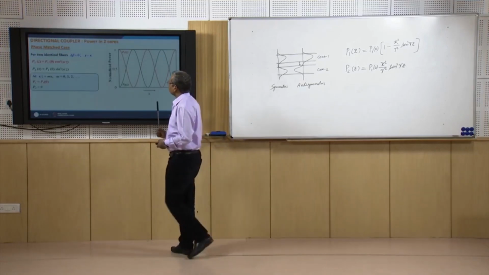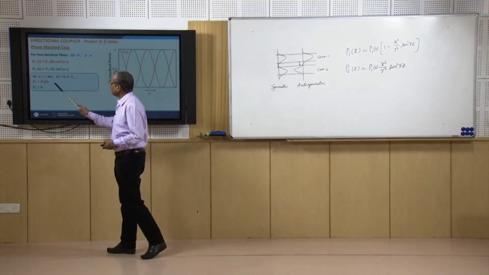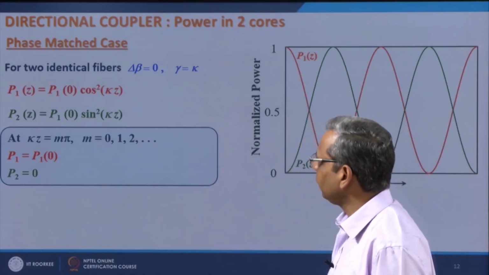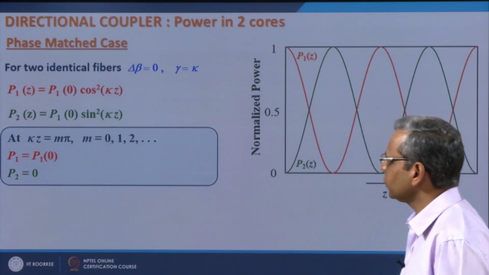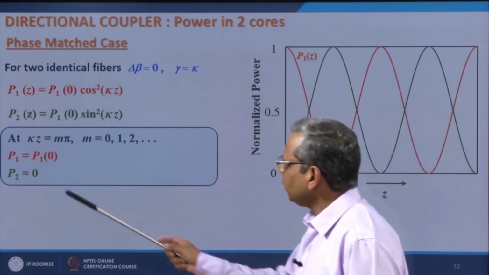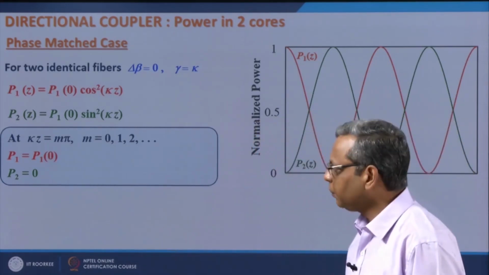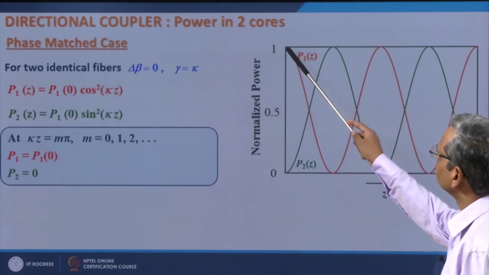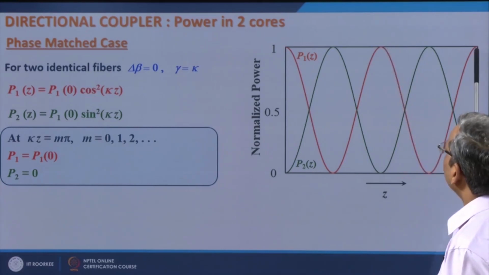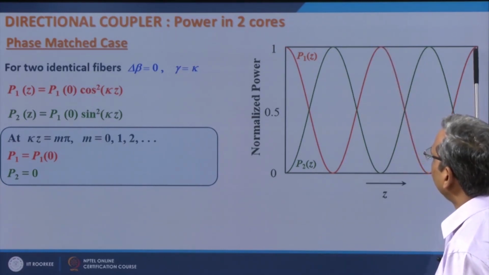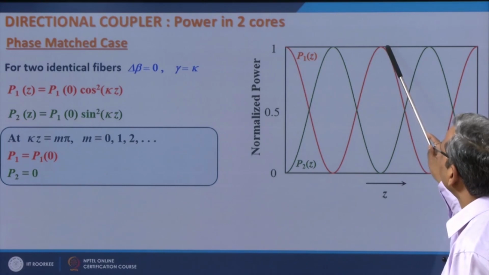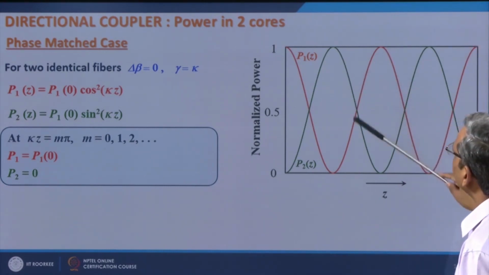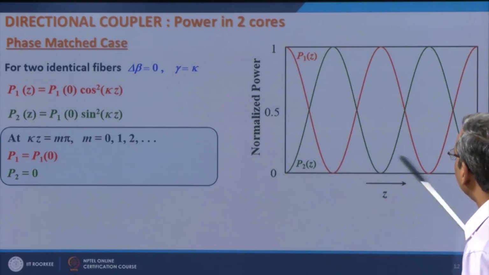What do I see here? That at kappa z is equal to m pi, where m has integer values, P1 is equal to P10 and P2 is equal to 0, which means that at these points where kappa z is equal to m pi, I have the entire power in core 1 and 0 power in core 2.